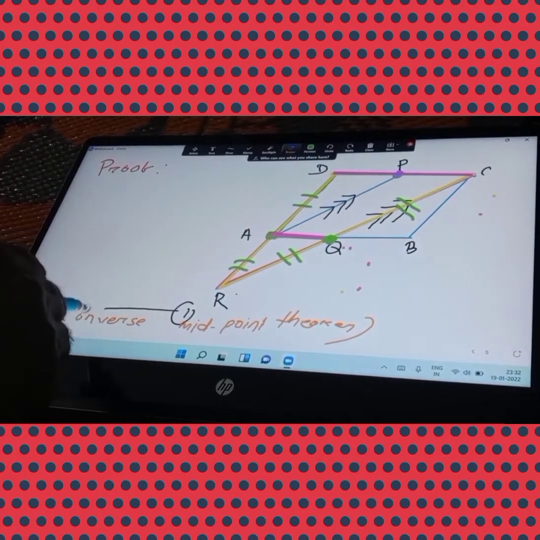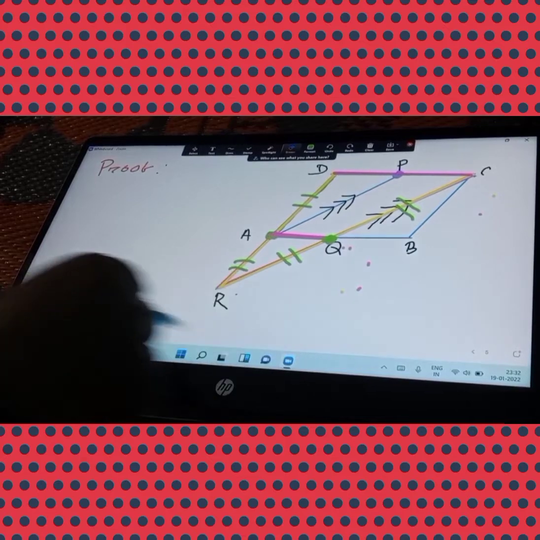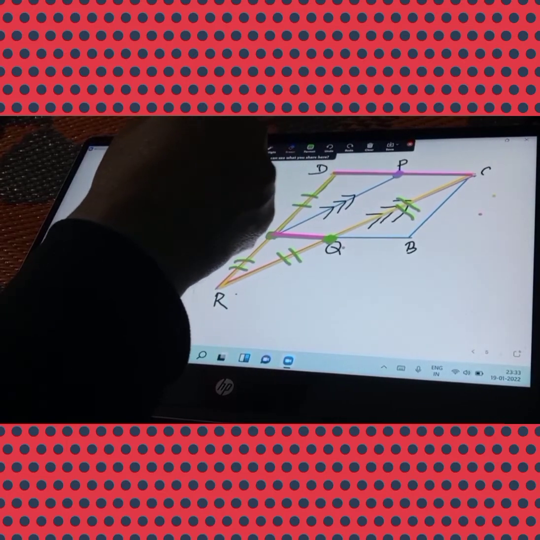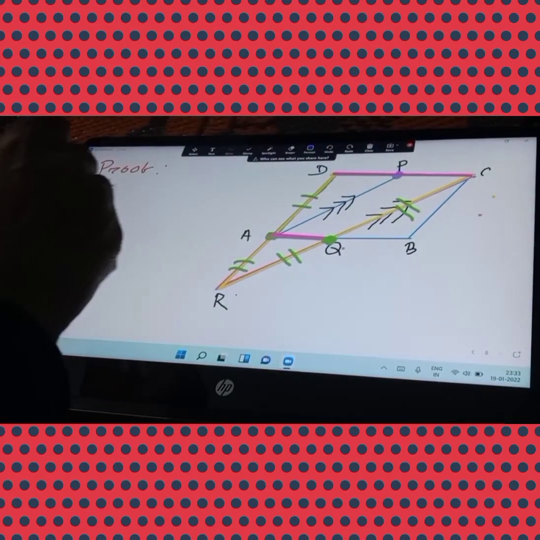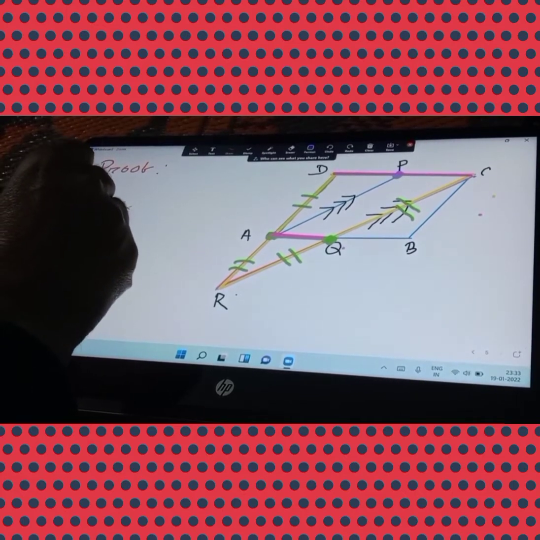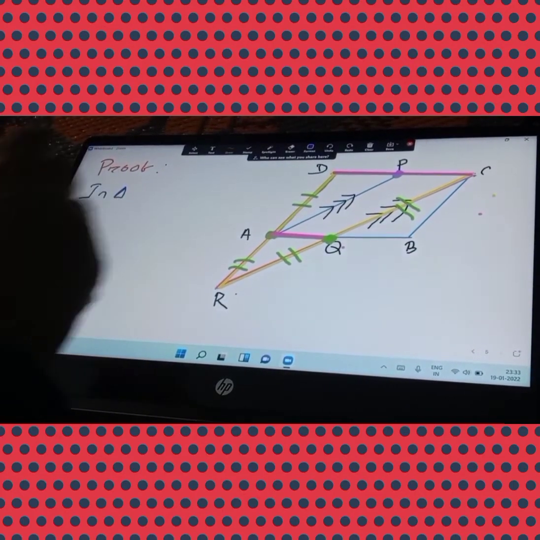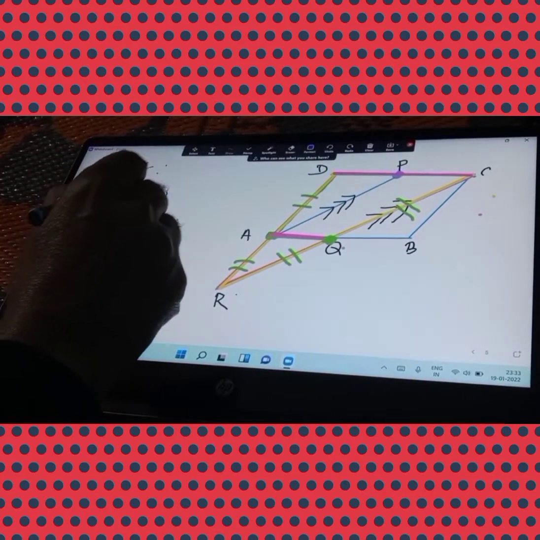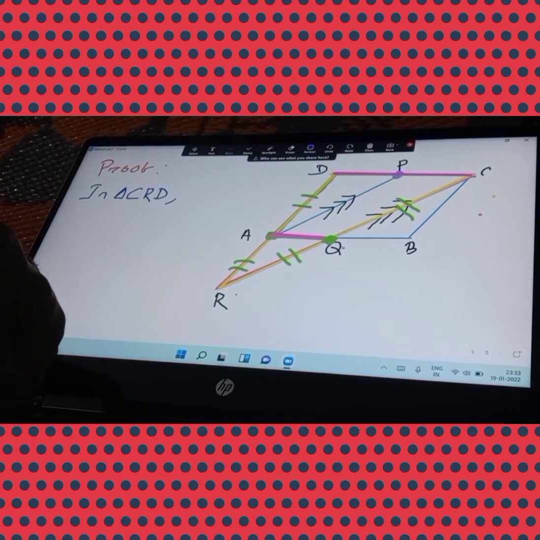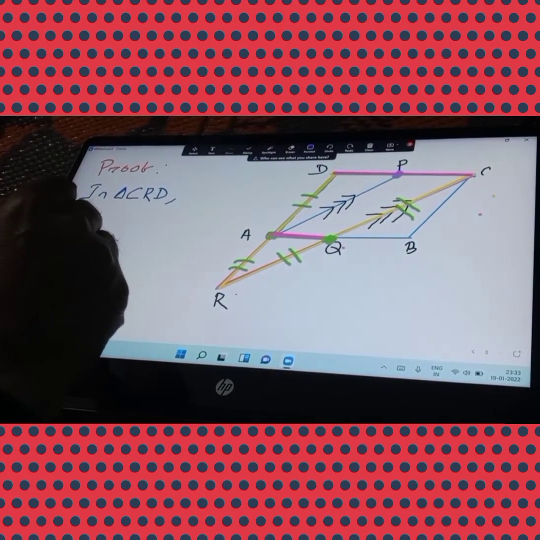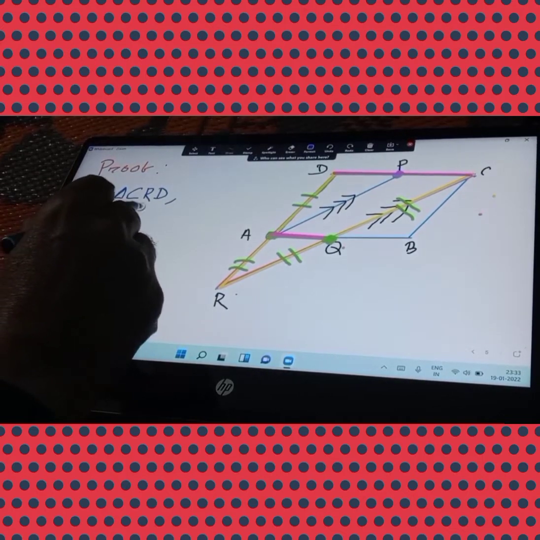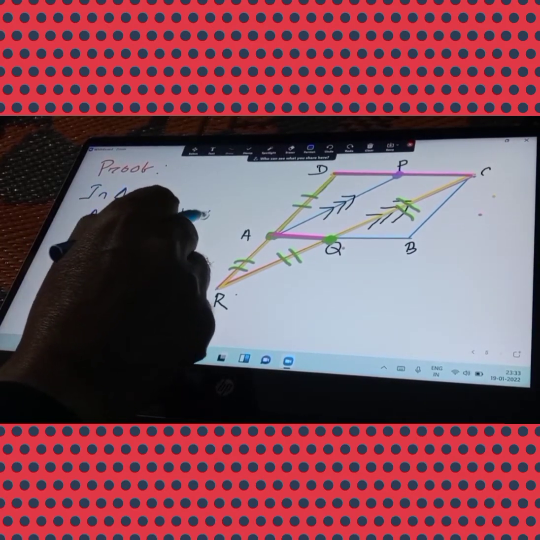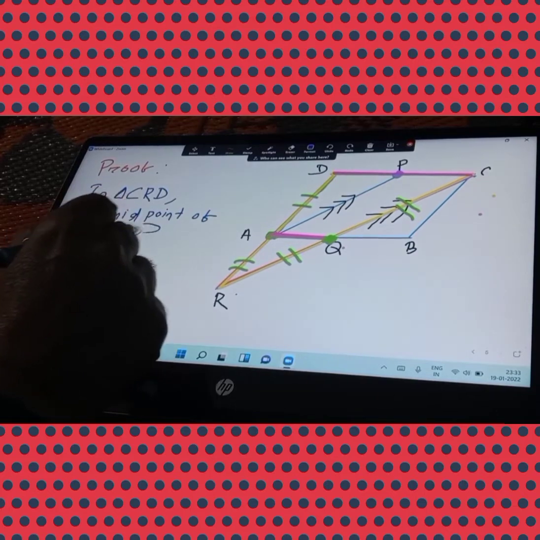Again you see in the triangle CRD, A is the midpoint of the side DR. Yes or no?